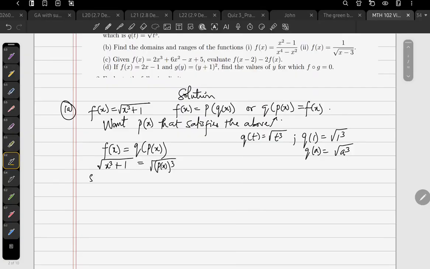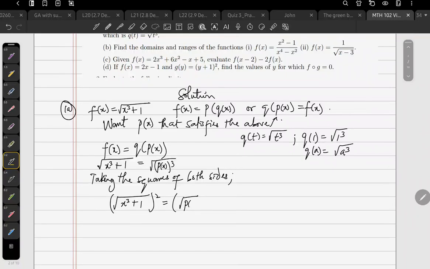So what we do is we find the square of both sides. Taking the squares of both sides, we obtain x cubed plus 1 squared equals the square root of p of x cubed squared.